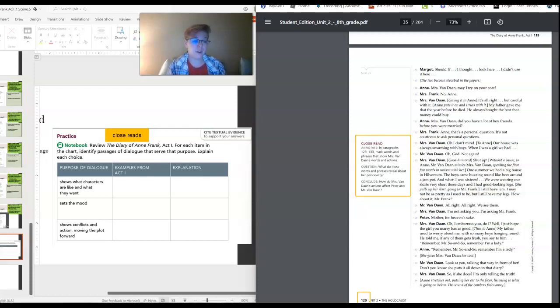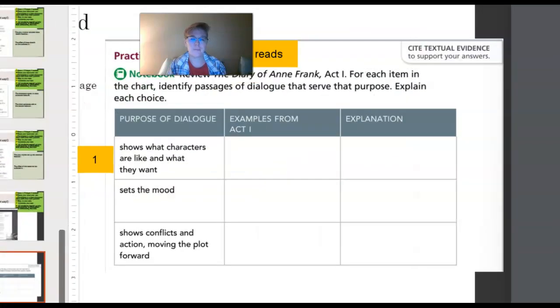So that's over here. So the way that I would do this is I would put the paragraph numbers under examples from Act 1, and then I would put what those paragraph numbers show in the explanation.